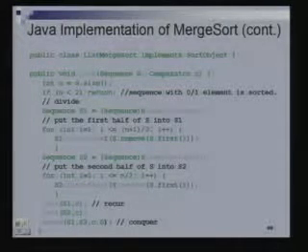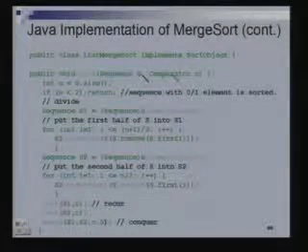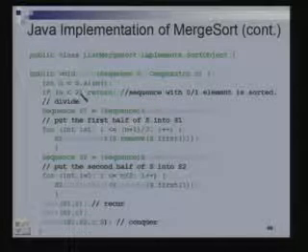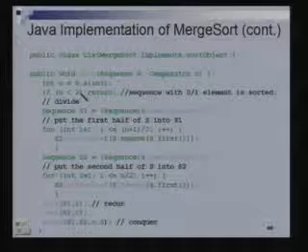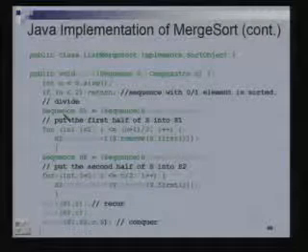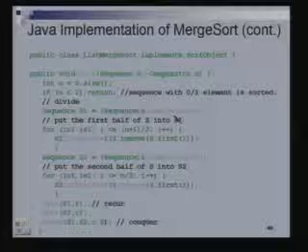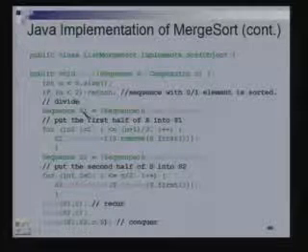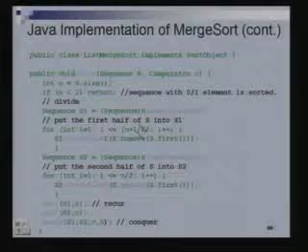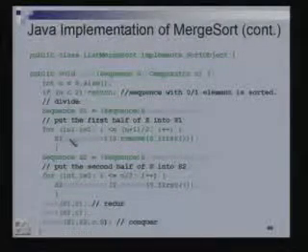So this is basically the merge sort part. You have the sort, the sequence, and the comparator. Let's say n is the size of the sequence. If n is less than 2, which means there are just 0 or 1 elements, there is nothing to be done. It's already sorted. Otherwise, you create a new sequence S1, and you insert the first half of S into S1.